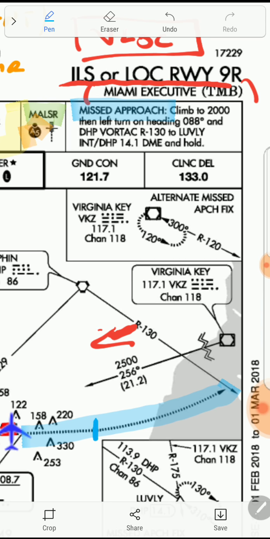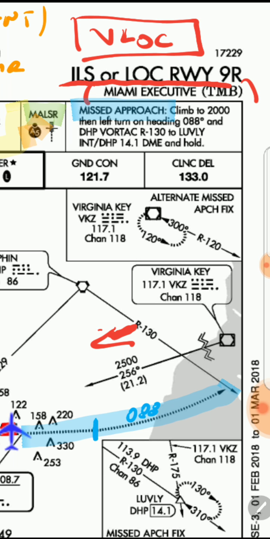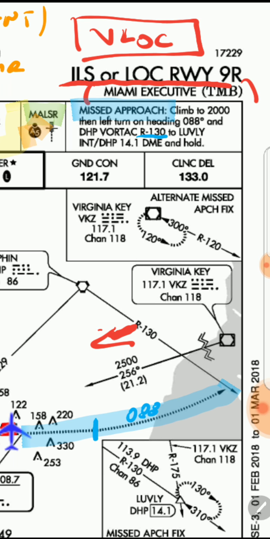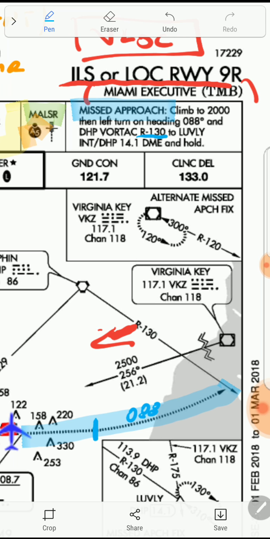Left heading 088. So in here I gotta go 088 and intersect the radial 130 from Dolphin, which is going to be that one. 130 from Dolphin. So you're intersecting it around in here, and obviously it's going to be this radial because it doesn't say otherwise.